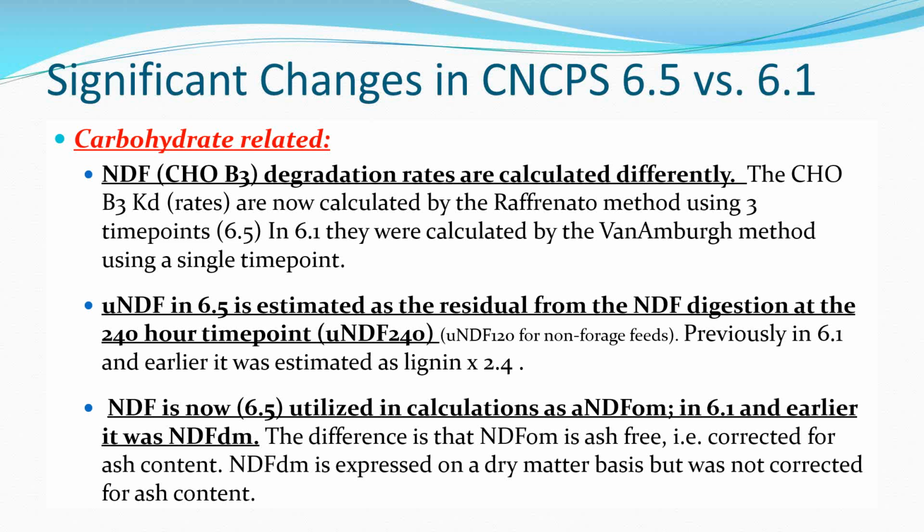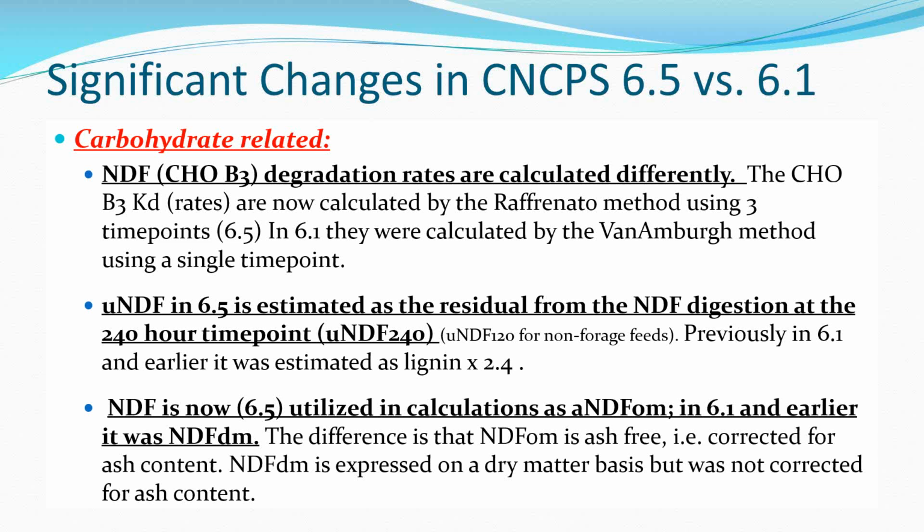This means that the value of NDF is going to shrink because we are no longer reporting the ash content which is associated with the NDF portion. For most feeds, this is not a huge difference. The NDF pool will shrink slightly.